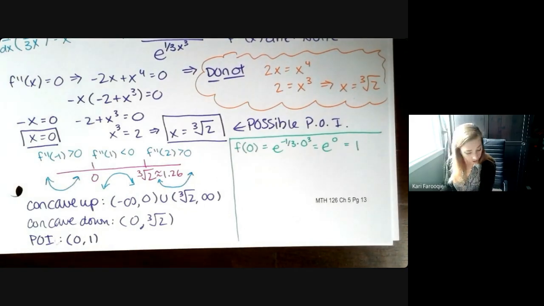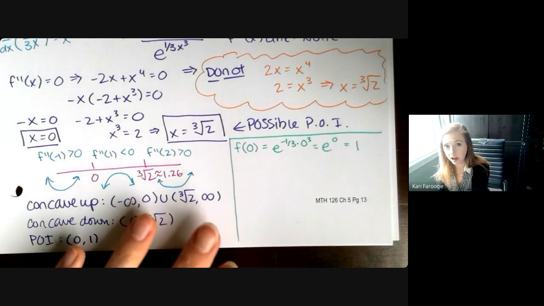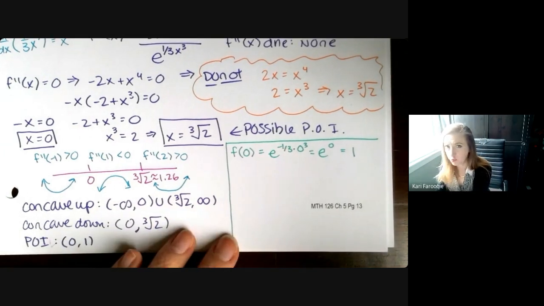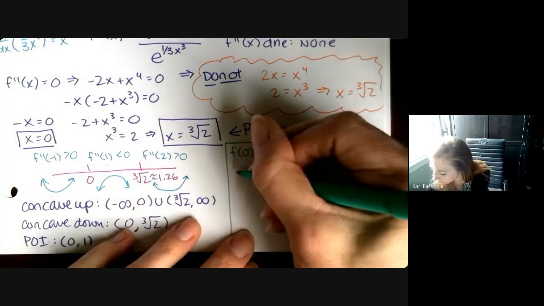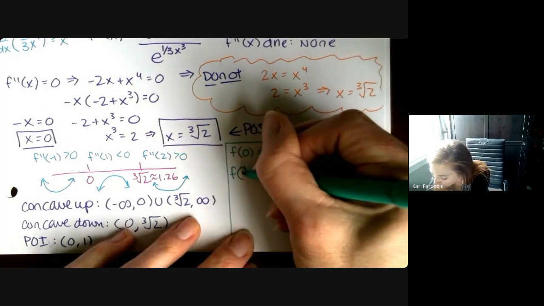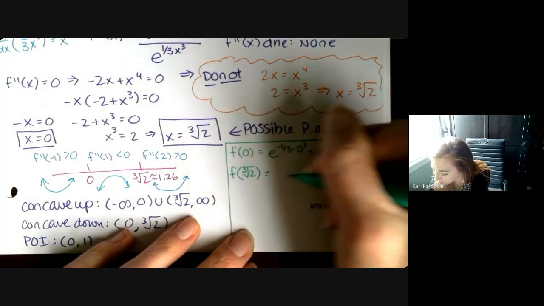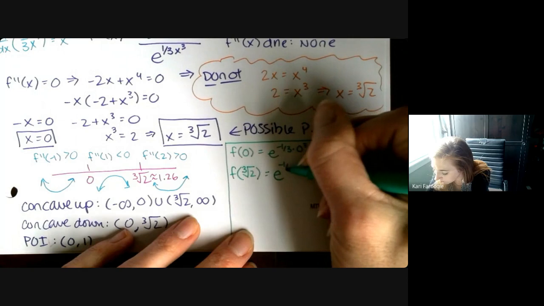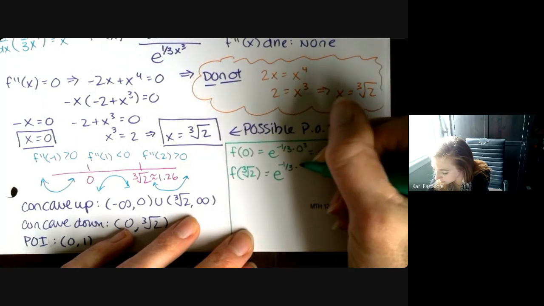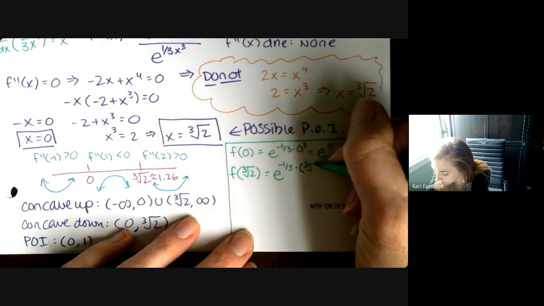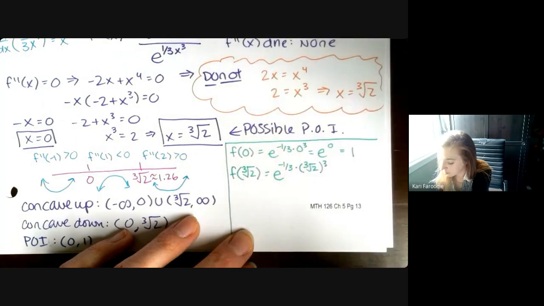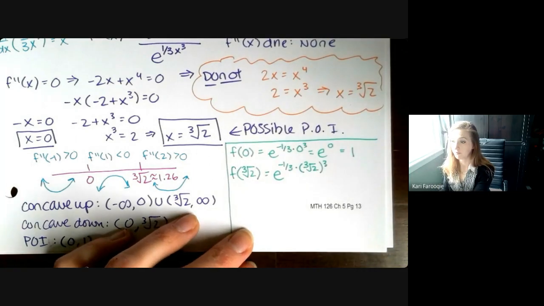And then the other one is going to be f of the cube root of 2. Don't panic, because we have a cube here. F of the cubed root of 2 is e to the negative 1/3 times the cube root of 2 cubed. Now the cubed root of 2 cubed is 2.